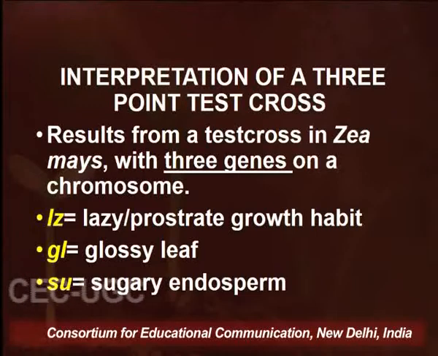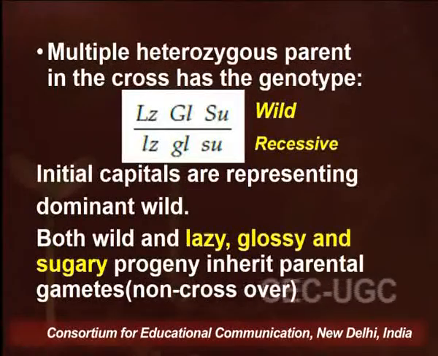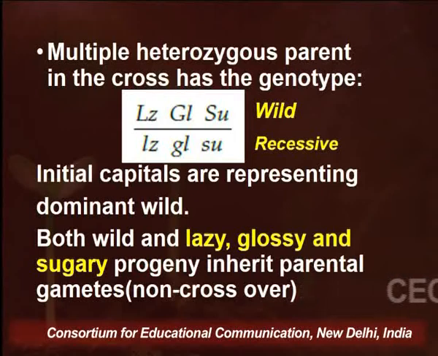So we are taking these 3 genes into consideration. The multiple heterozygous parent in the cross has the genotype which has been shown on your screens, and this is the wild type, and we find a recessive parent which is on the lower side.